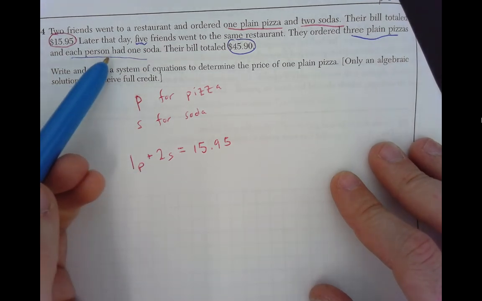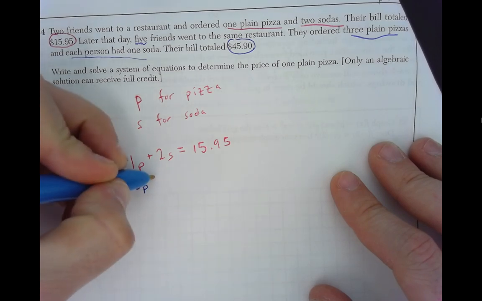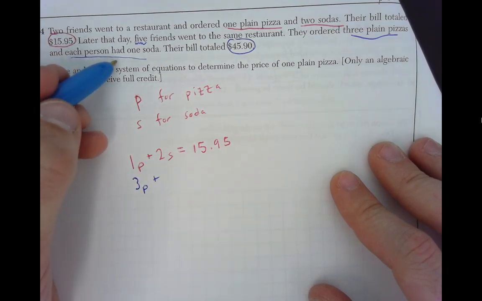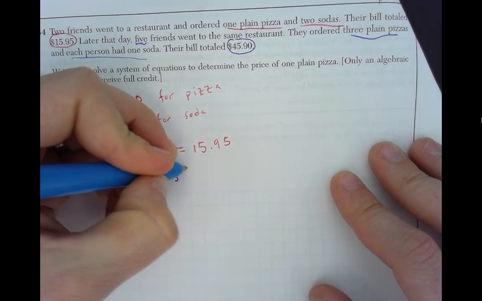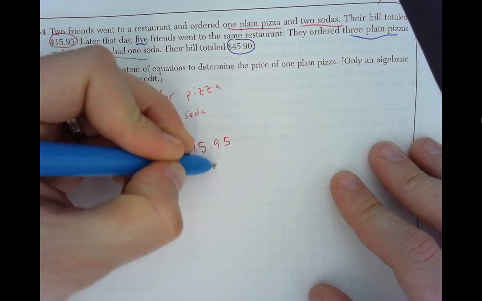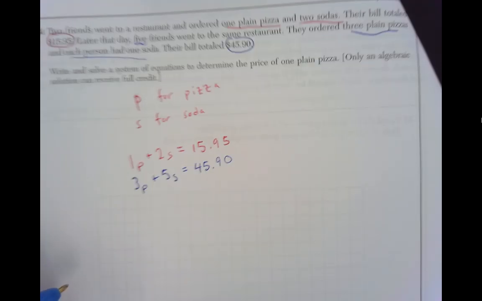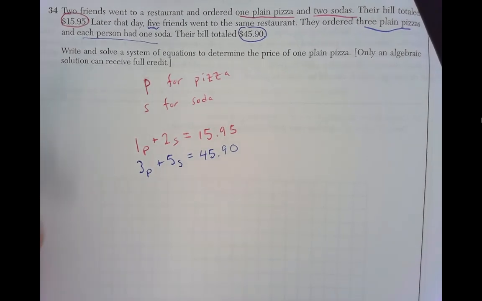Next, these 5 friends, they ordered 3 pizzas, so 3P, plus each person had a soda. There were 5 people, plus 5S, makes a total of $45.90.